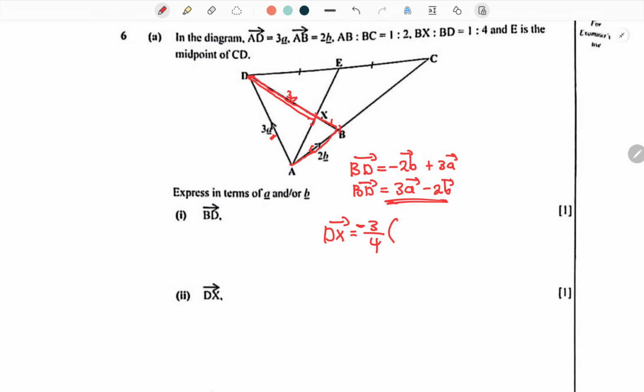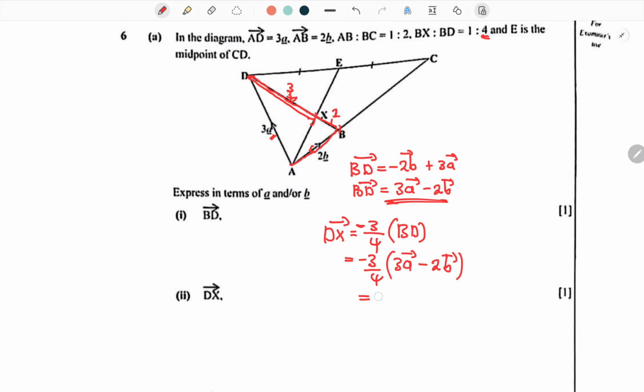Negative of what? Negative of BD, because the entire line is BD. But this one is just 3, this one is 1. This distance is 3, this one is 1. When you add them, they give you 4 as a total. So this is going to be negative 3 over 4, open bracket, BD. BD was already calculated to be 3a vector minus 2b vector.